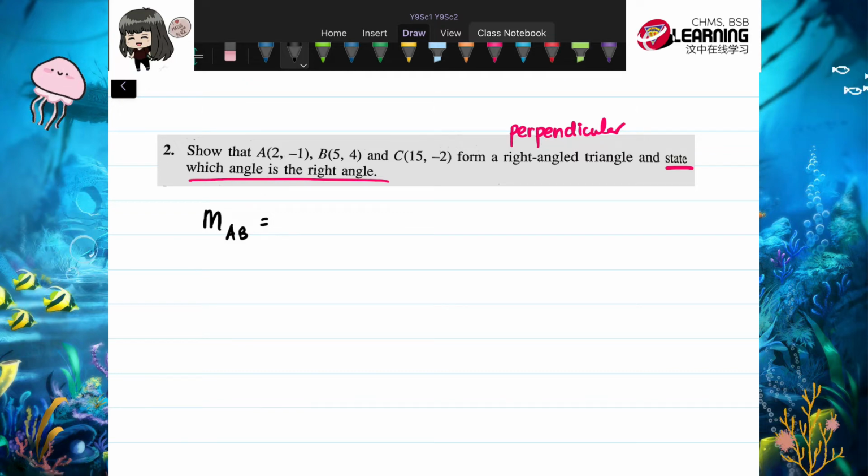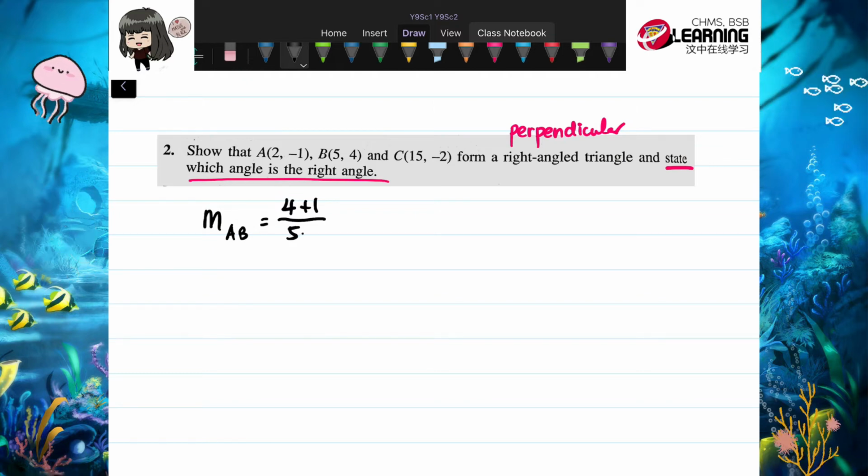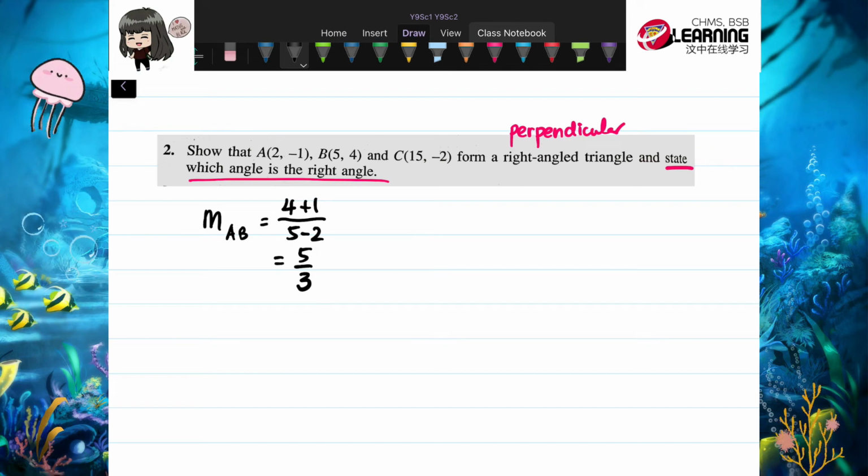So the gradient of AB, you know the formula for the gradient already: y2 minus y1, minus negative 1 becomes plus, over 5 minus 2, I get 5 over 3. For the gradient of BC, I find AB and BC first and just try my luck to see whether it's a negative reciprocal.